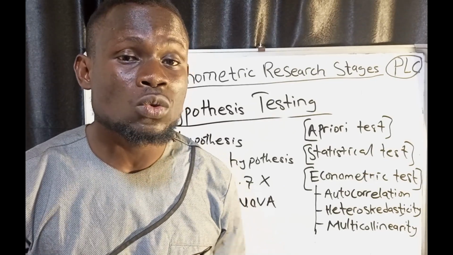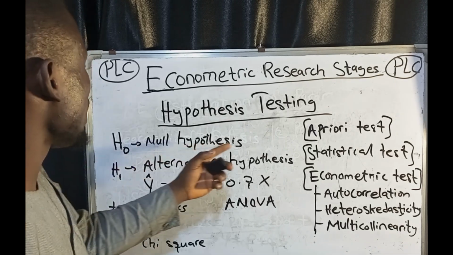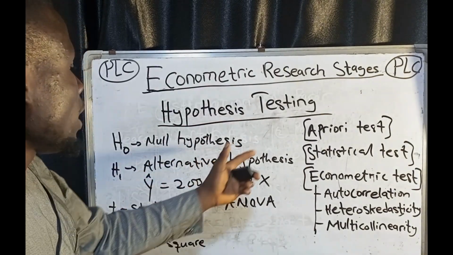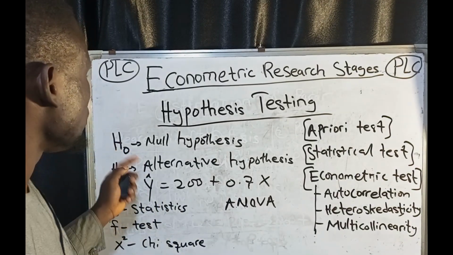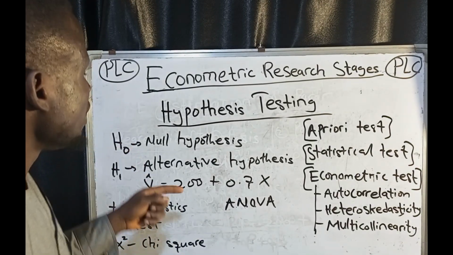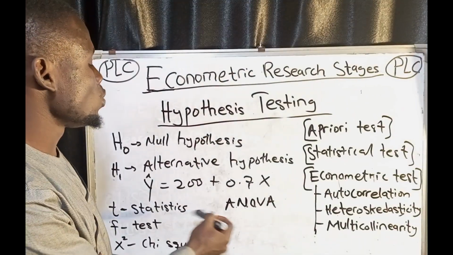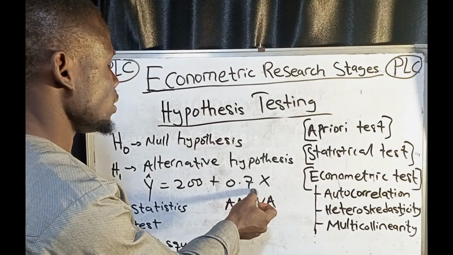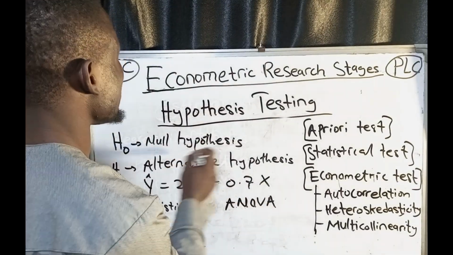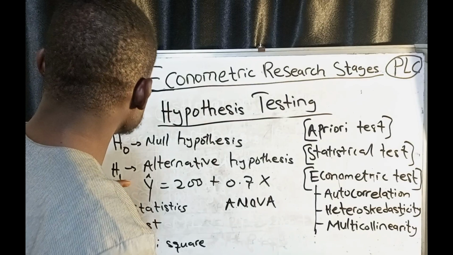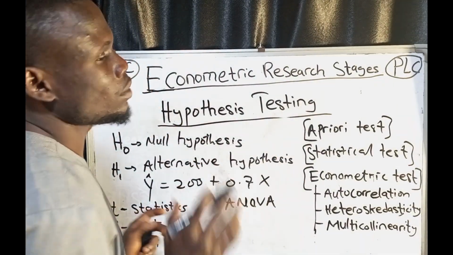They are conjectural statements. In this case, our null hypothesis will be that there is no statistical significance for this estimated beta 1, and our alternate hypothesis will be that there is statistical significance.